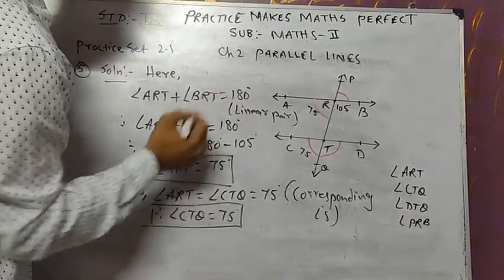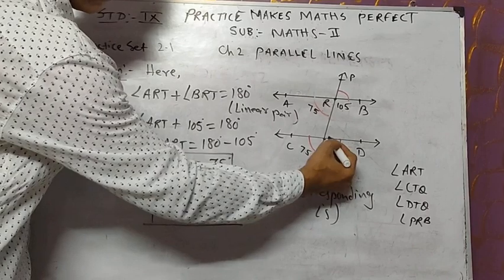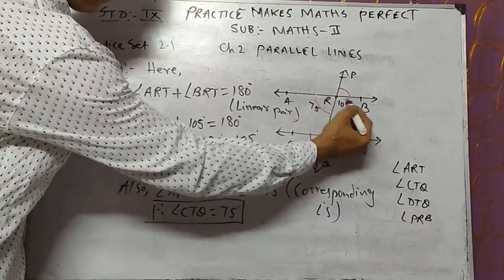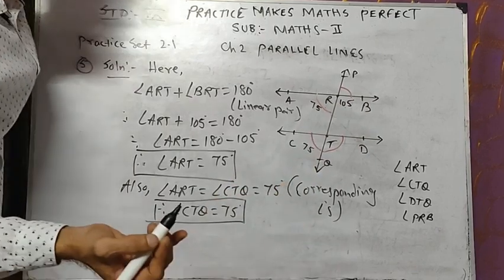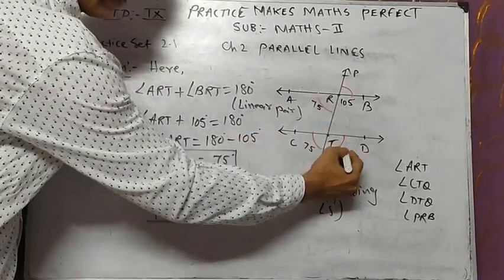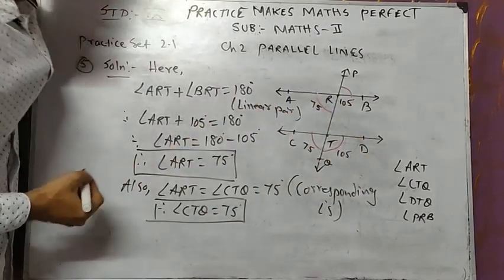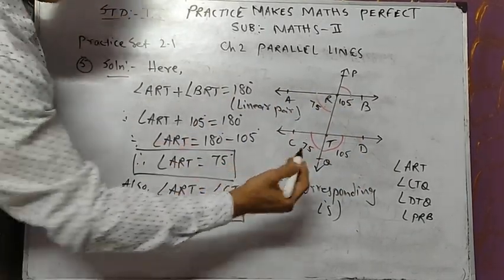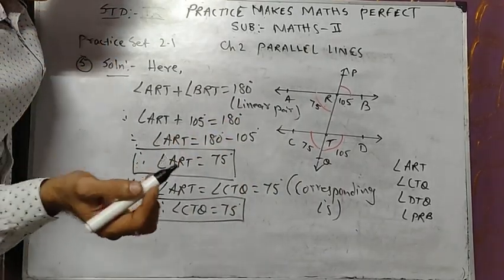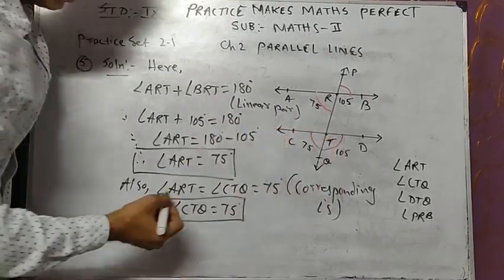Then you want angle DTQ. Angle DTQ and angle BRT have formed a corresponding pair. So whatever is this, the same will be this, 105. Or else you can find it with the help of linear pair also, that is also correct. But here we are taking the help of corresponding angles.